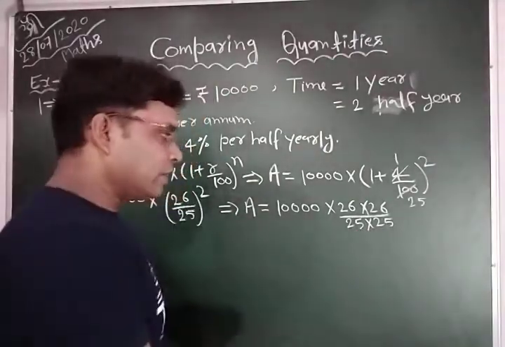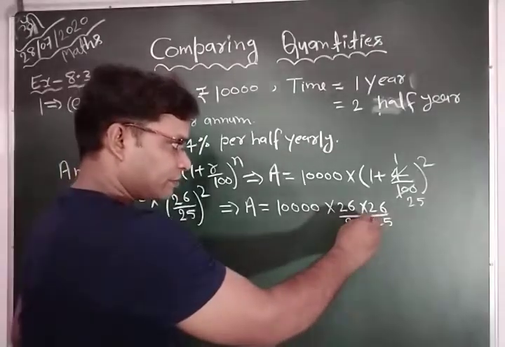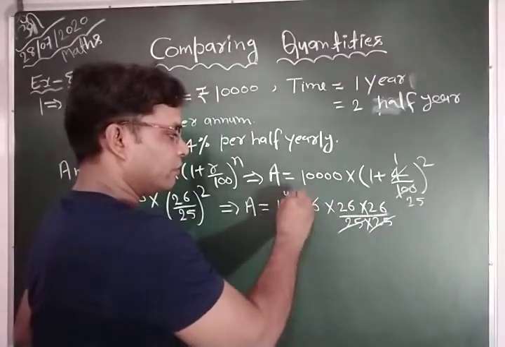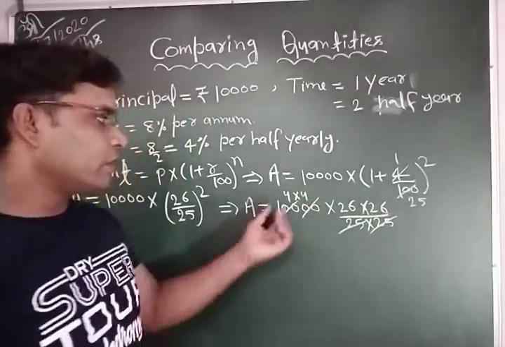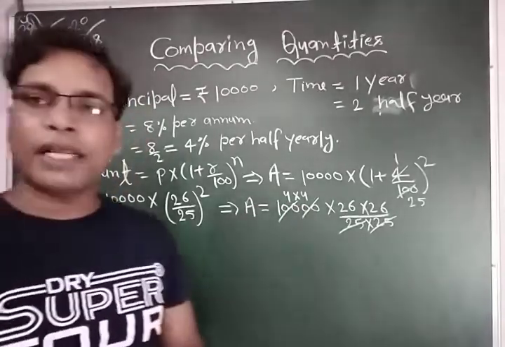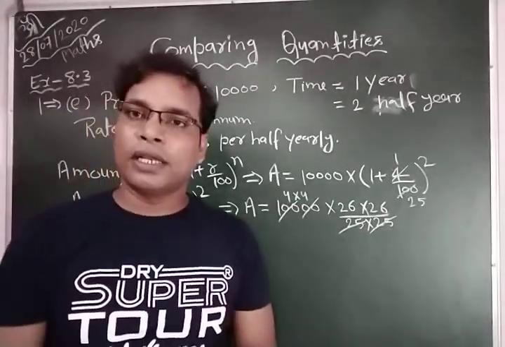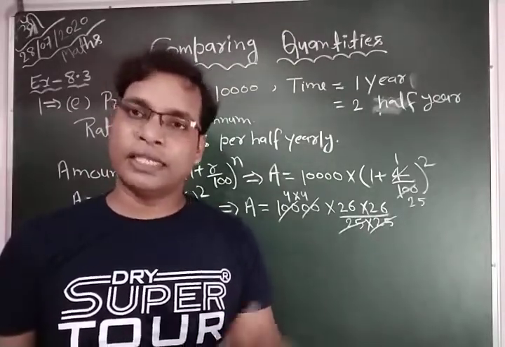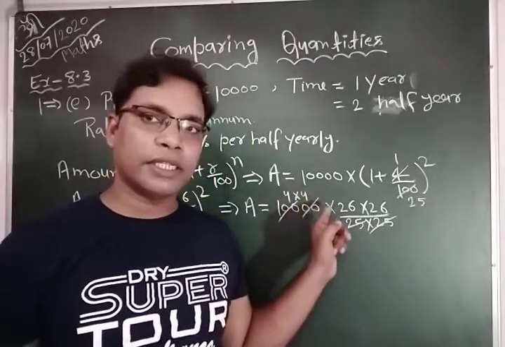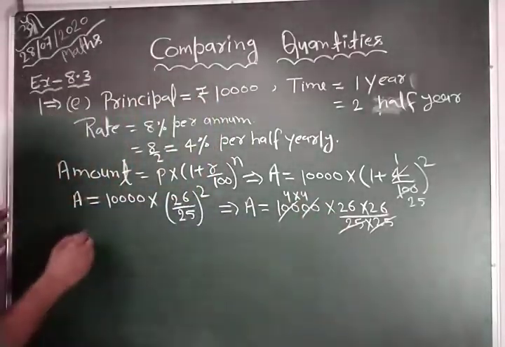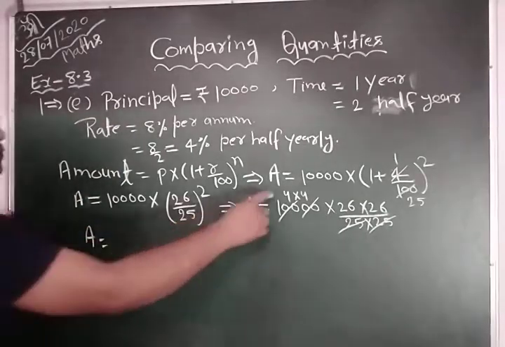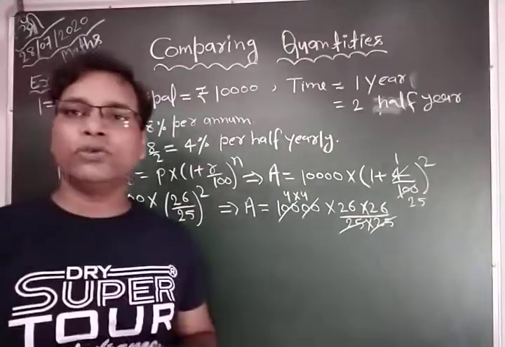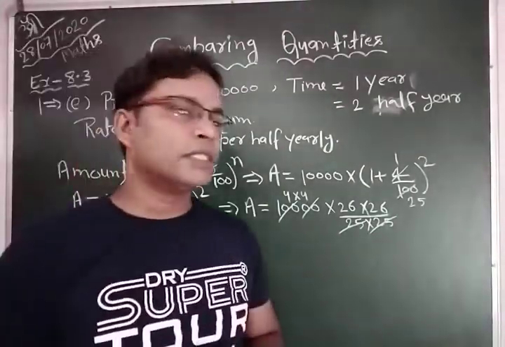So 25 into 25, you cancel it by 4 and also by 4. So 4 into 4, this is equal to 16. And 25 into 25, this is equal to 625. 625 into 10,000, so here after 10,000, this is equal to 4 4 16 into 26 into 26, this is equal to 676.